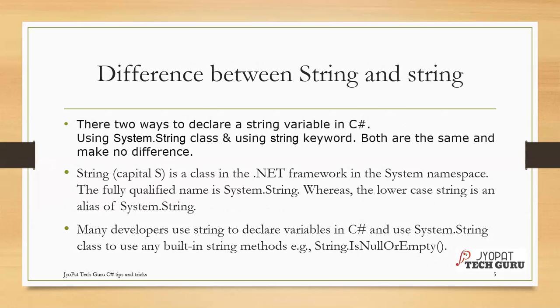Capital String is a class in the .NET Framework in the System namespace, the fully qualified name is System.String, whereas the lowercase string is an alias of System.String. So developers use string to declare variables in C# and use the System.String class to use any built-in string methods. We have several methods like IsNullOrEmpty, Compare, etc.